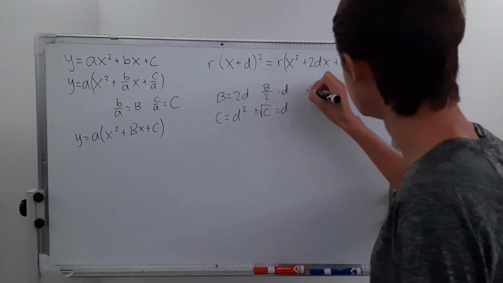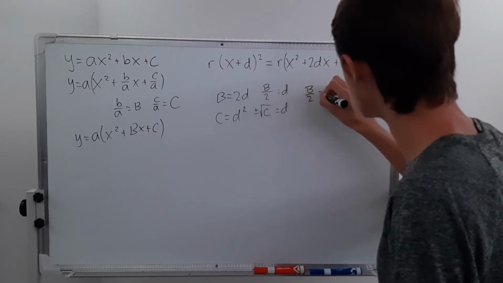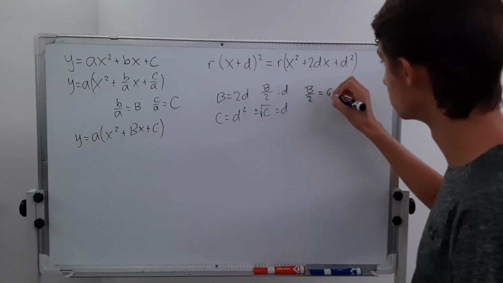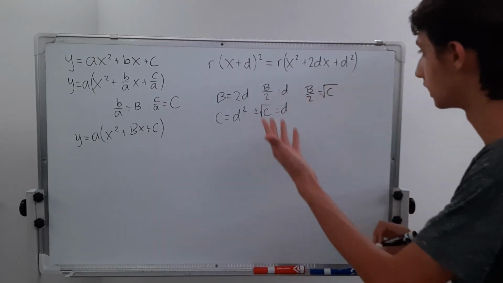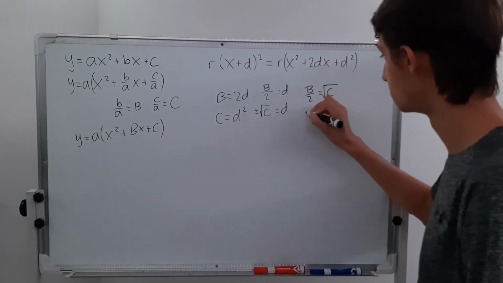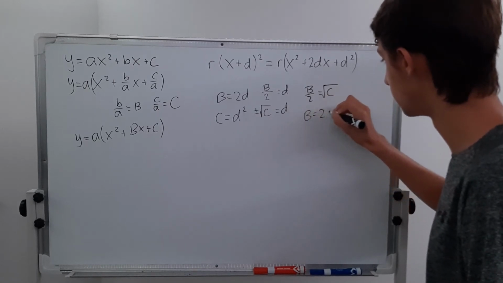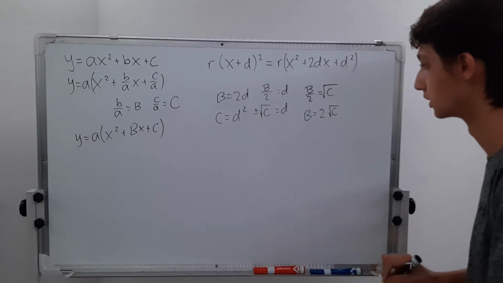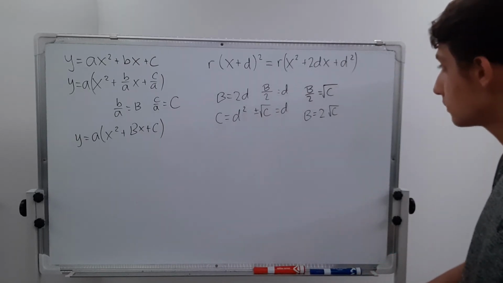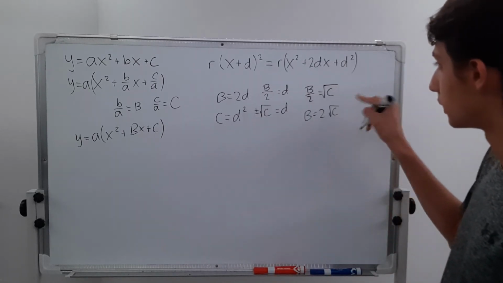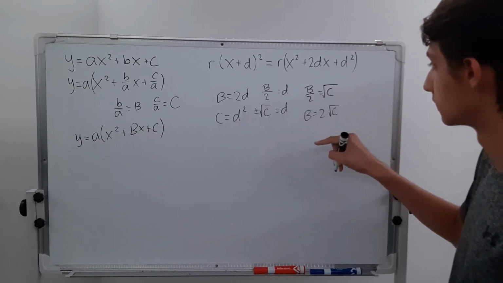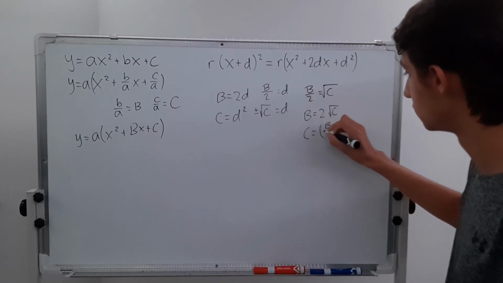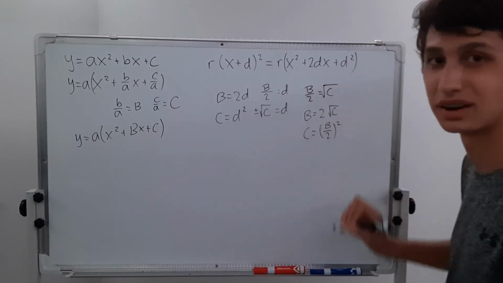If we set b over 2 equal to the square root of c, we could first see that b is equal to 2 times the square root of c, and I'm just keeping it positive for simplicity. But also, we could reverse this and say that c is equal to b over 2 squared.